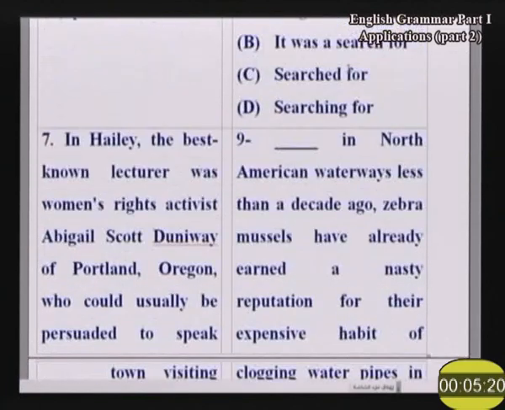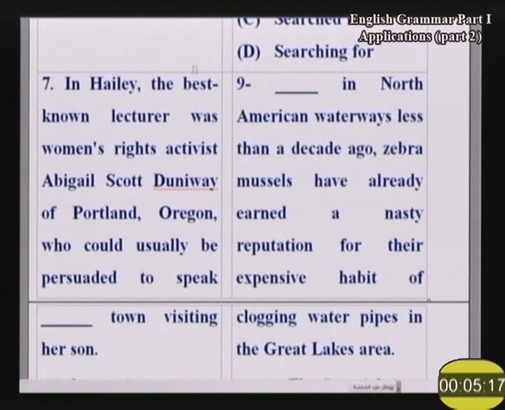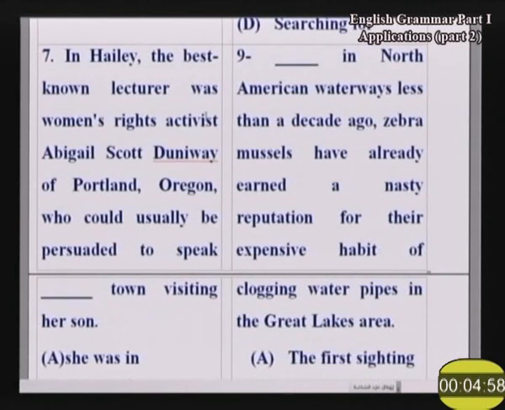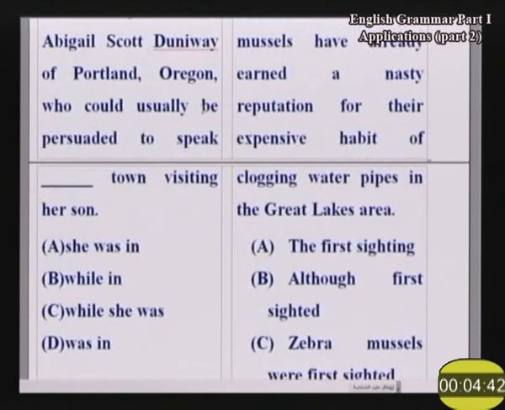طيب نشوف number 7. In Haley, the best known lecturer was women's rights activist Abigail Scott Donnelly of Portland, Oregon, who could usually be persuaded to speak while in town visiting her son. يعني أحسن واحدة كانت فلانة who could usually be persuaded to speak.